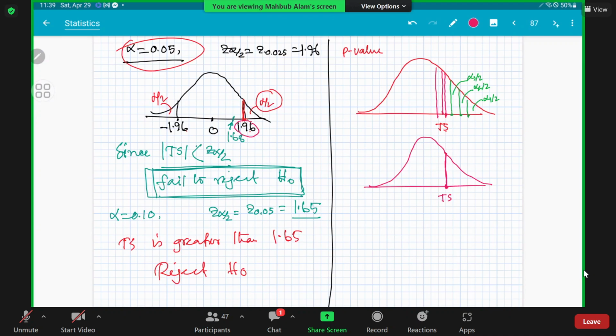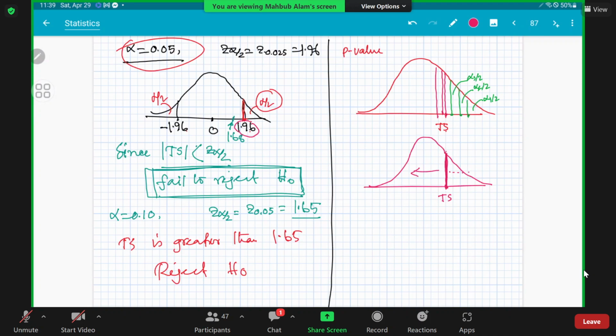Any significance level higher than this, on this side, we reject the null hypothesis. Any significance level smaller than this, we do not reject the null hypothesis. So this is the minimum significance level.